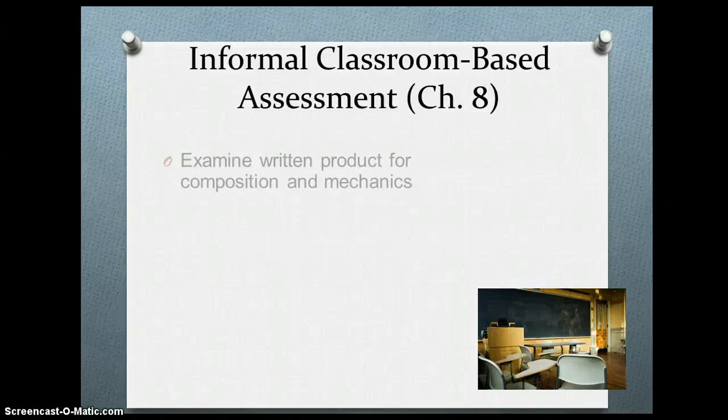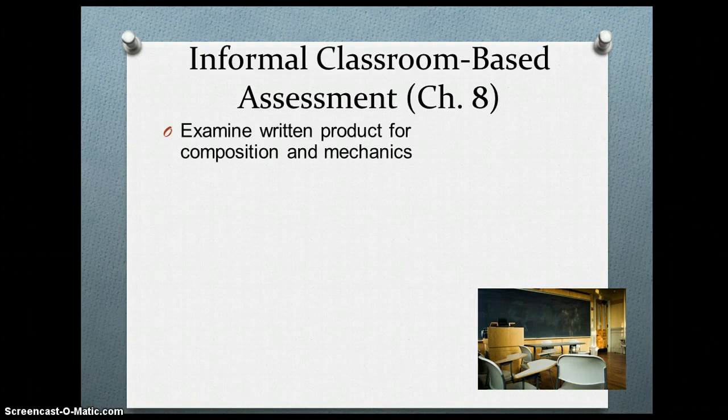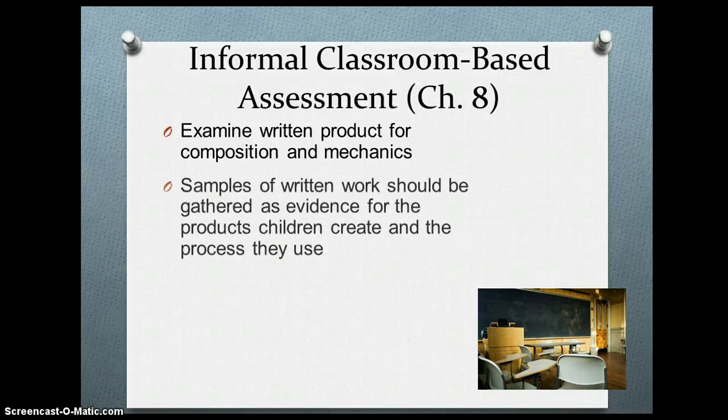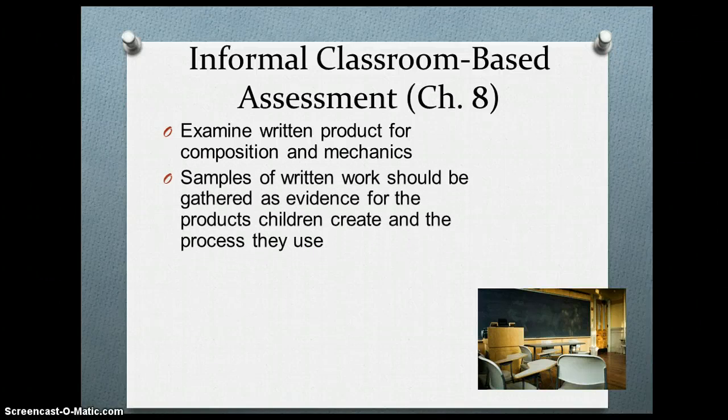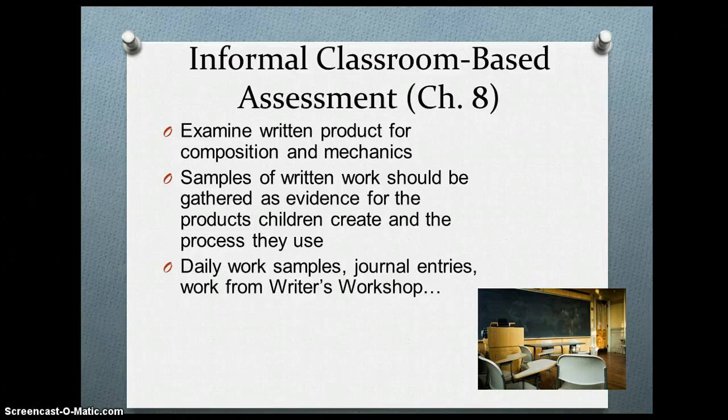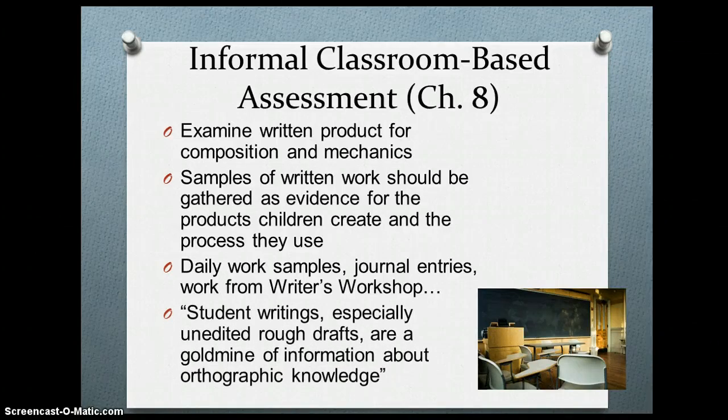For informal classroom-based assessment for writing, you would want to examine a written product for composition and mechanics. Samples of written work should be gathered as evidence for the products children create and the process they use. This would be things like daily work samples, journal entries, work from Writer's Workshop.